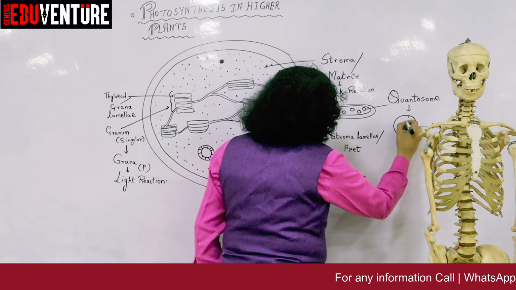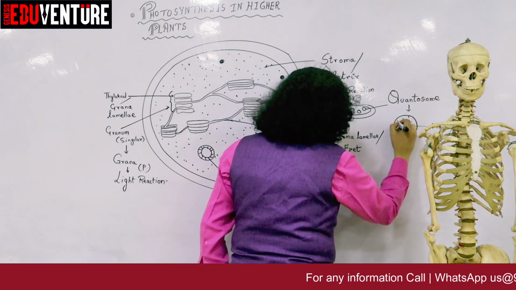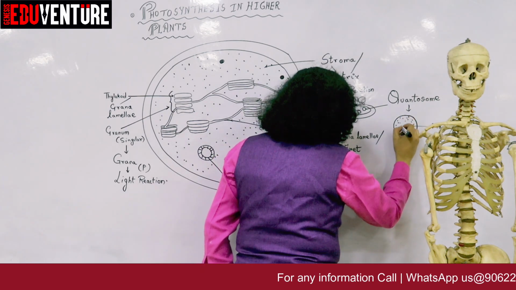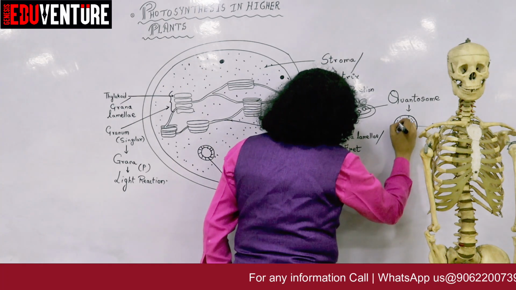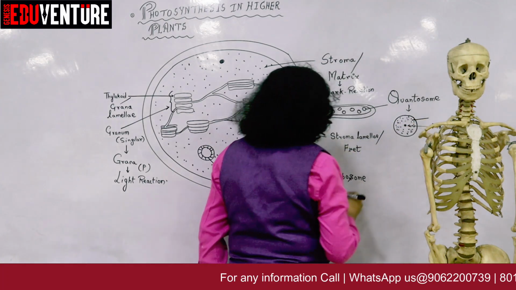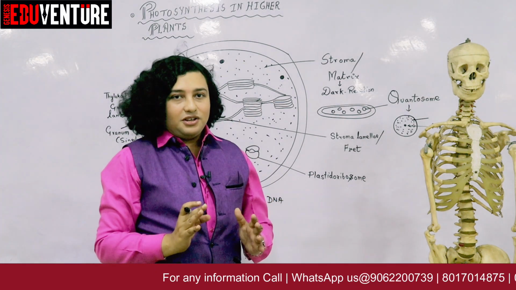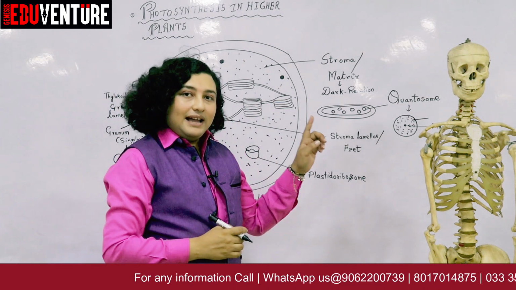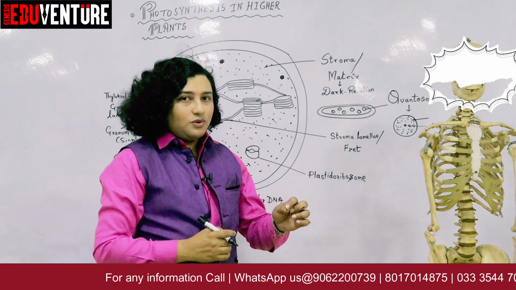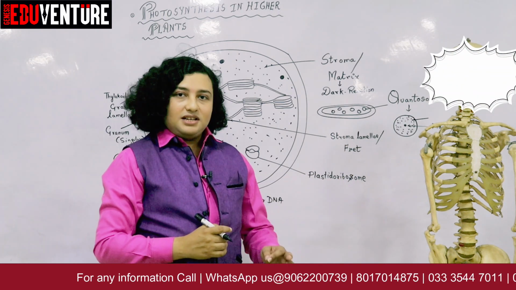It is surrounded by some accessory pigments. I'm giving this dot structure to represent the accessory pigments, and there are about 100 such accessory pigments known as the light harvesting complex. Individually these pigments are known as light harvesting pigments.